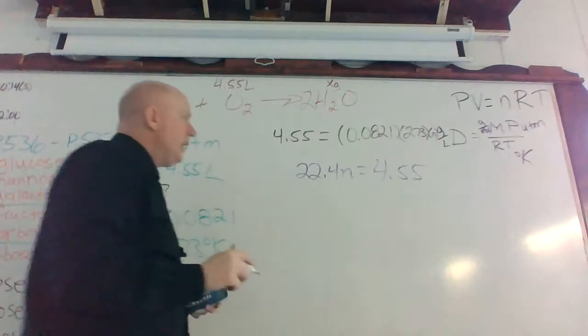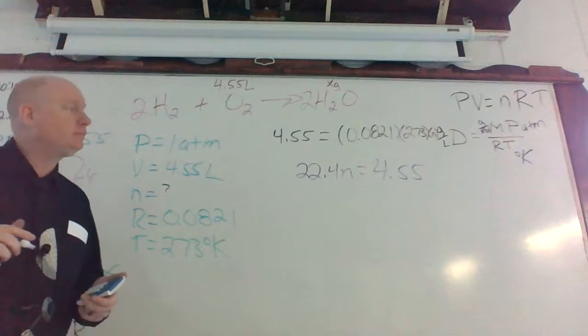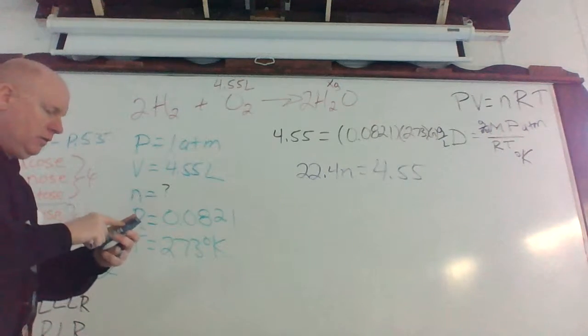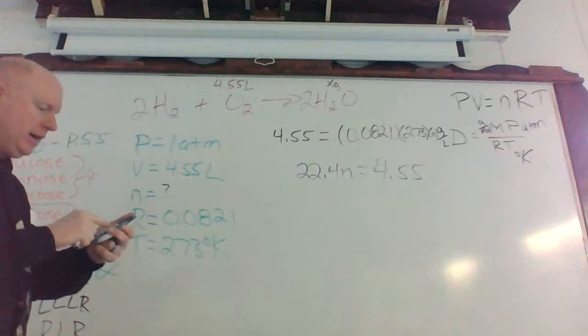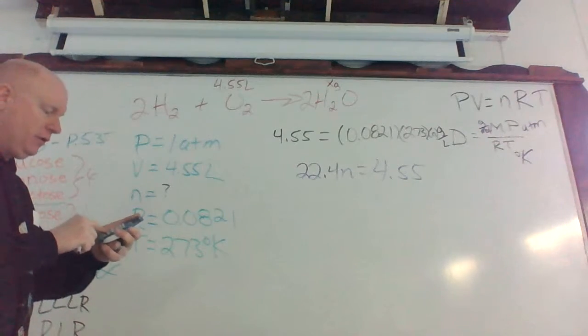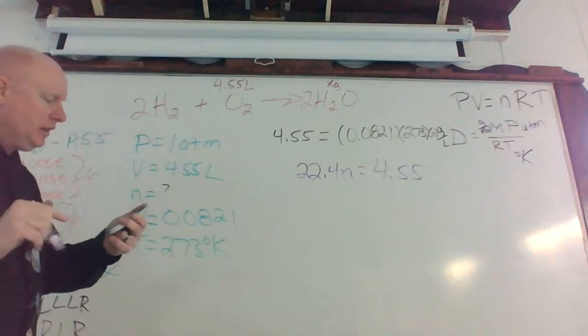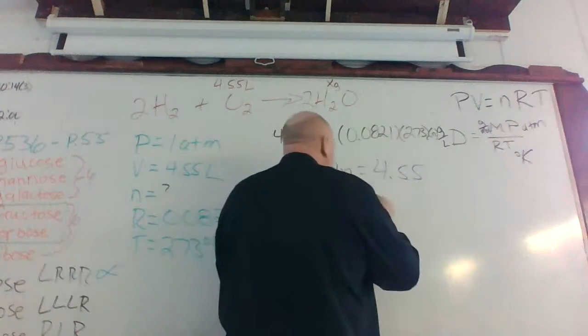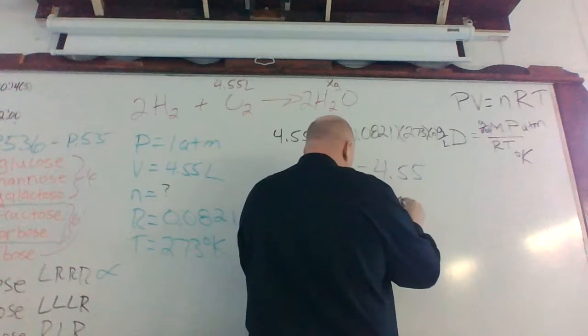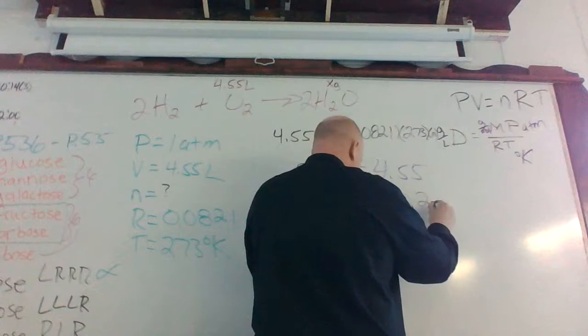Okay? How do we get N by itself? Okay? So 4.55 divided by 22.4, that gives us N equals 0.20.